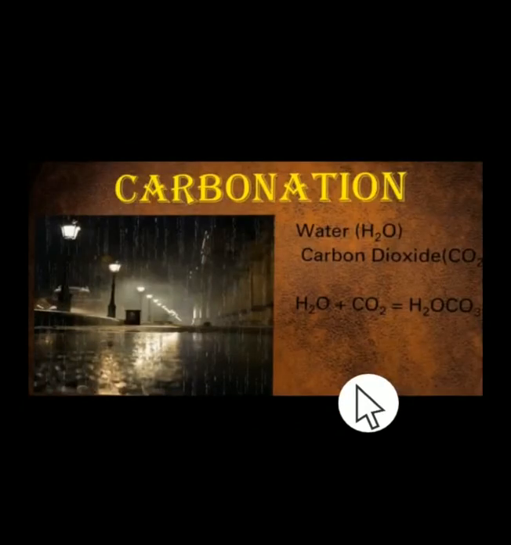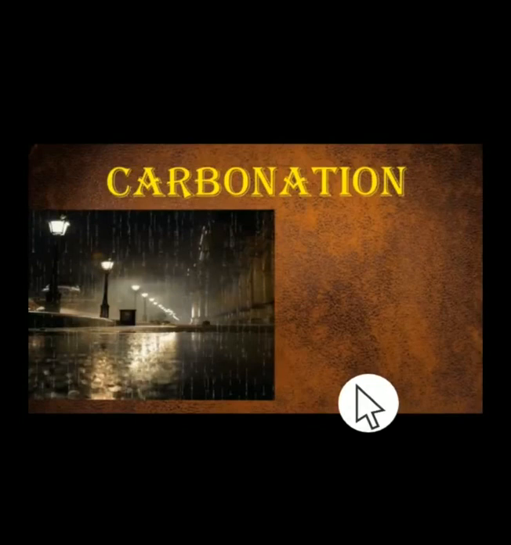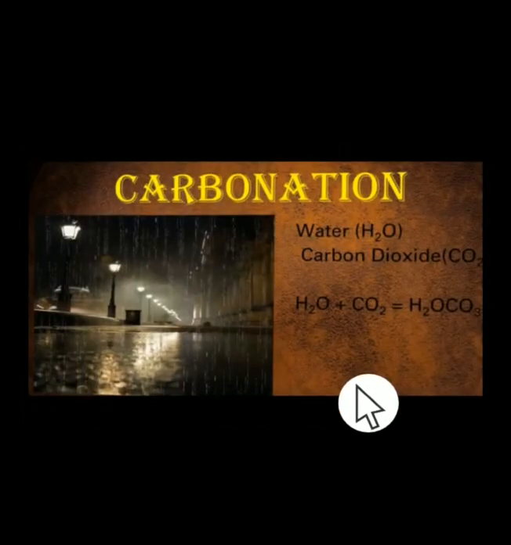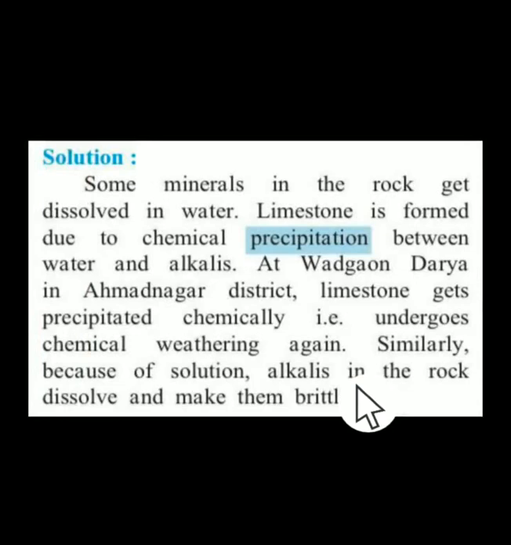Next, my dear students, we can see that carbon dioxide is present in the atmosphere. When it starts raining, the water gets mixed with this carbon dioxide present in the atmosphere, and then what we get is carbonic acid. The next one is solution. Some minerals in the rocks get dissolved in water. Limestone is formed due to the chemical precipitation between water and alkalis.